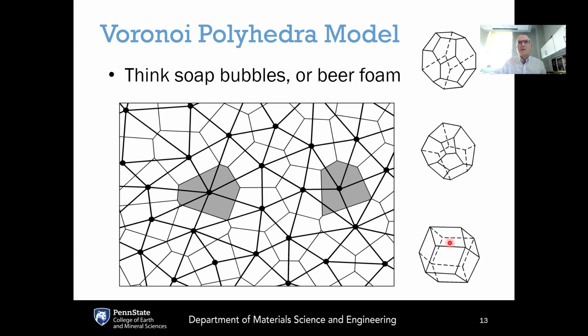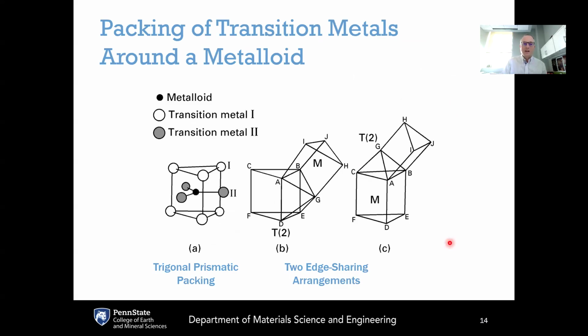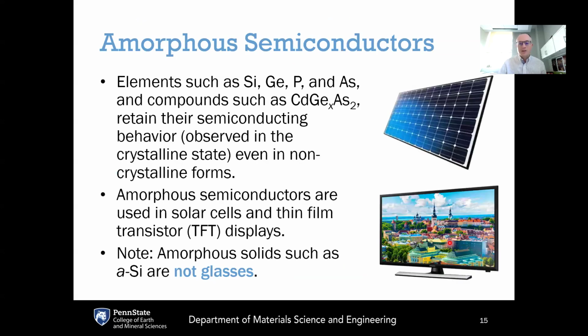That is a model for some of these basic structural units in metallic glasses. But like I said, there's a lot of ongoing research in this community. This just shows some of the packing around various metals based on these different types of polyhedral units.